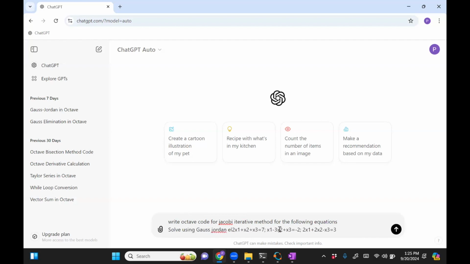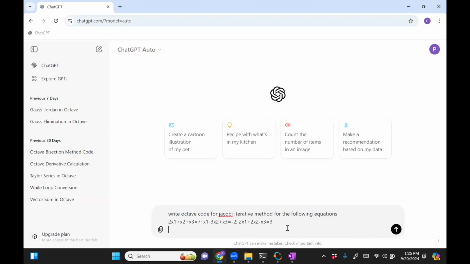Okay, we're going to get rid of this. And then I just want it to be formatted in a certain way. Write two script files. The first one is the main file that defines these equations.